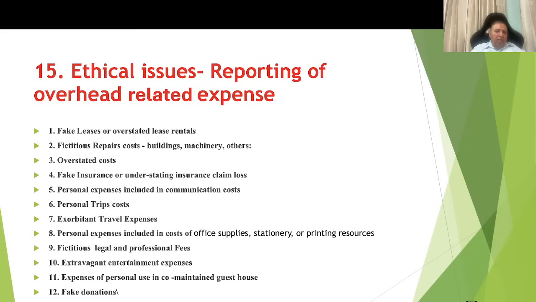Personal expenses included in the communication cost, personal trip cost included in this cost, exorbitant travel expenses, personal expenses included in the cost of office supplies, stationery, printing, resources, etc., fictitious legal and professional fees, extravagant entertainment expenses included in this P&L account, expenses for personal use in the company maintained guest house, fake donations, all taken as a part of this cost.